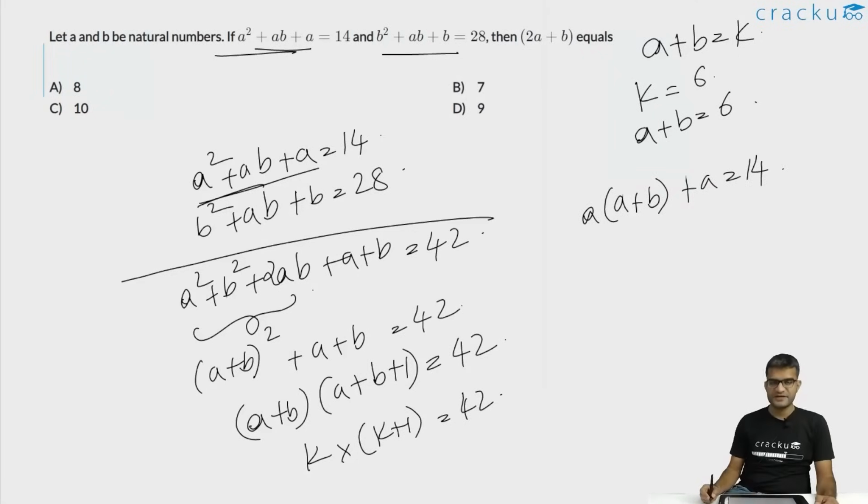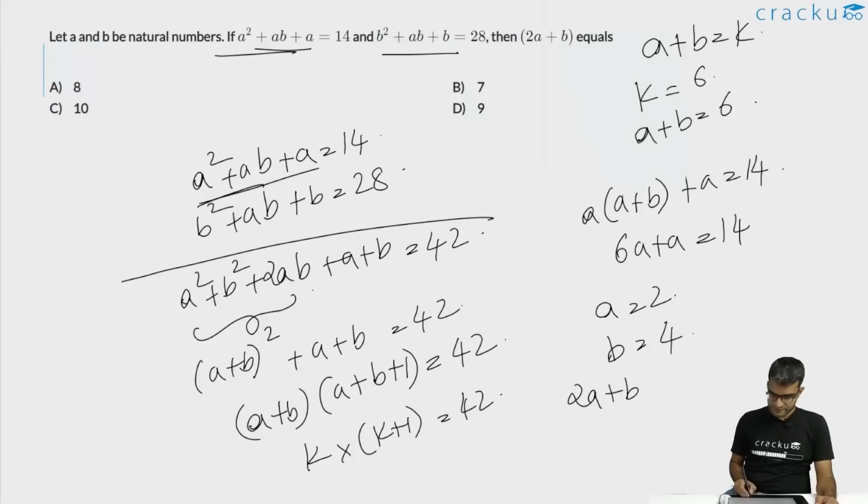That is the value of a square plus ab plus a. This is 6a plus a is equal to 14, or the value of a is equal to 2 and the value of b is equal to 4. Therefore, the value of 2a plus b will be equal to 4 plus 4, which is equal to 8. So the answer for this question is option A.